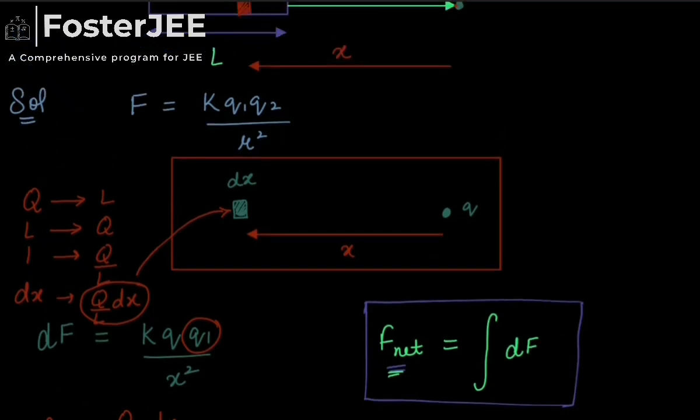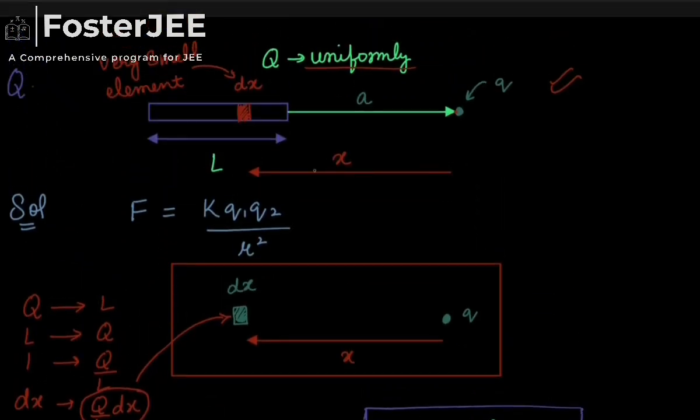And when the value of x is a plus l, that is, we are considering now this whole rod. Hence, when the value of x is a plus l, in that case, the full rod will be covered.